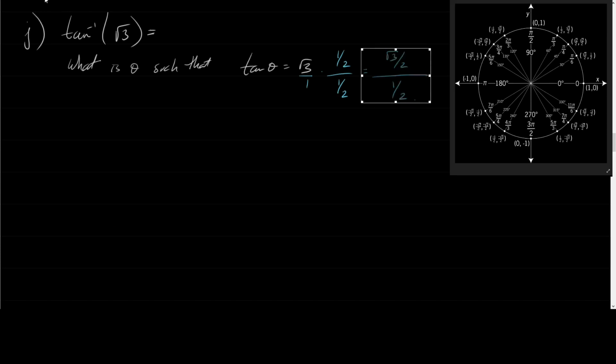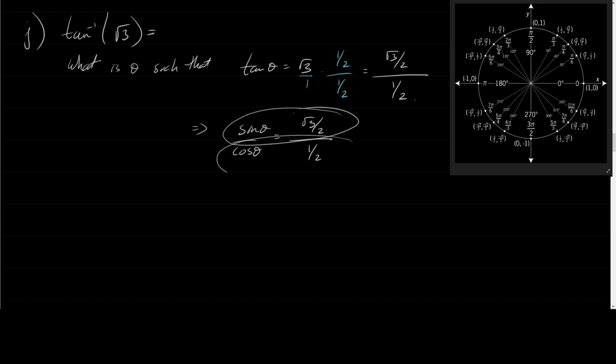Well, the reason is that we can think of this as sine theta over cosine theta equal to radical 3 over 2 over 1/2. So we're really looking at where sine theta is radical 3 over 2 and where cosine theta is equal to 1/2, or where they're both negative, right? That would also yield the same exact thing.